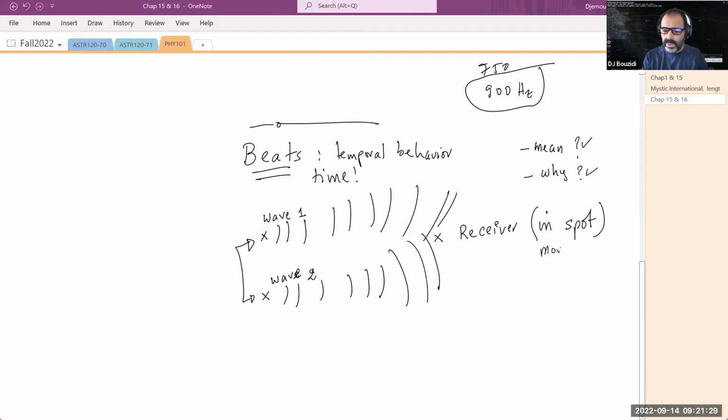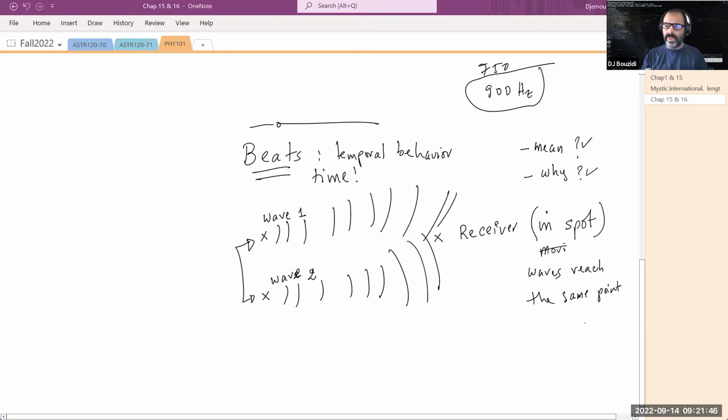Even if he or she is moving, the two waves are going to reach that point in the same place. So regardless, the waves are coming to you, your ear is in the same place, so you're going to receive them. In this situation, the space does not really matter.